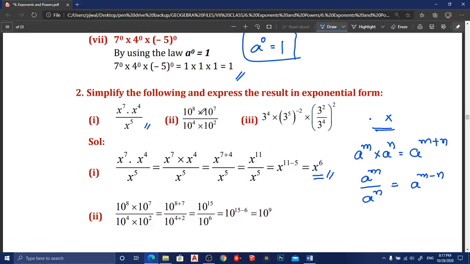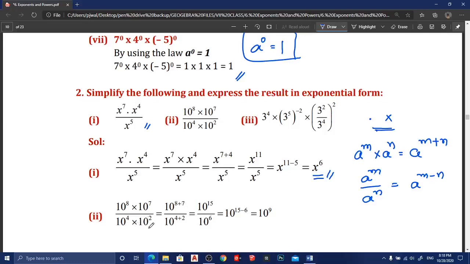Okay, next one: 10 to the power of 8 into 10 to the power of 7 by 10 to the power of 4 into 10 square. Now you can apply the first formula to the numerator and denominator separately, and then you have to use the second formula, like in the first problem. So apply the first formula to the numerator, because here also both the bases are equal, powers are different, means add the powers: 10 to the power of 8 plus 7.